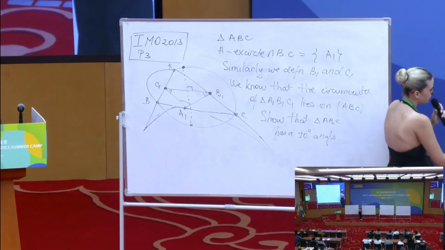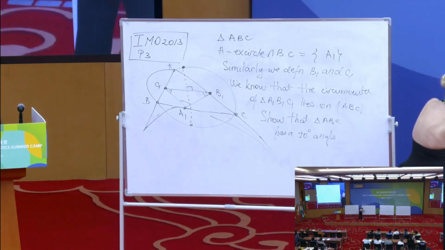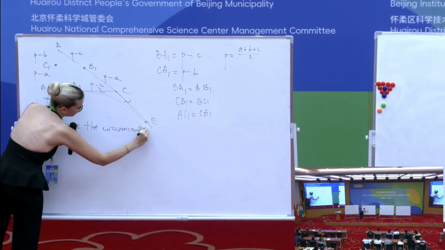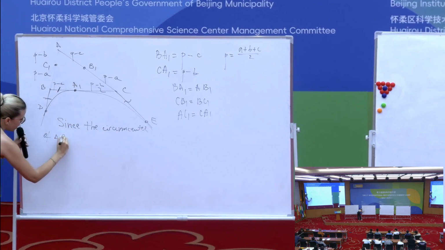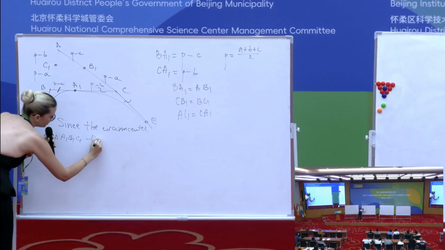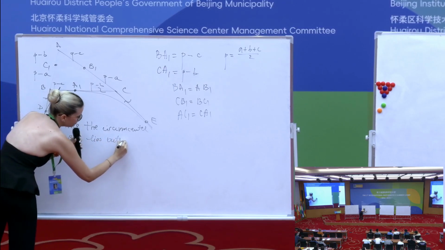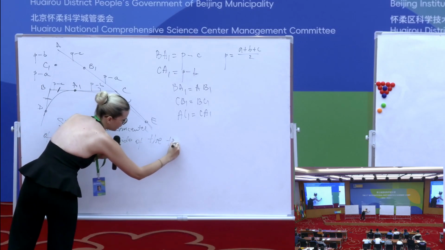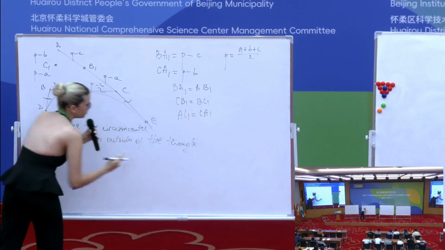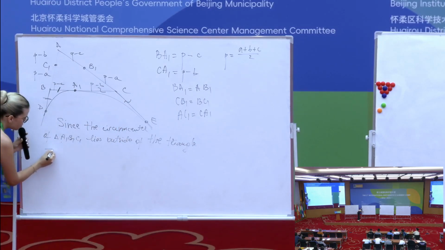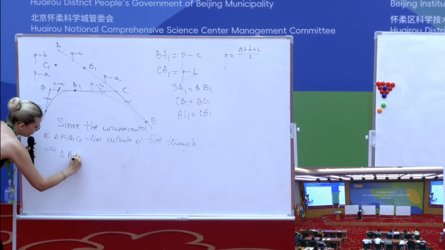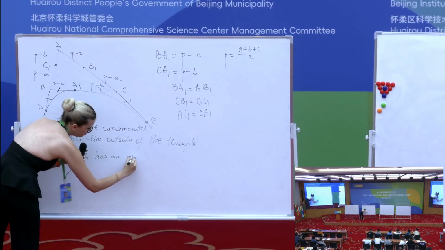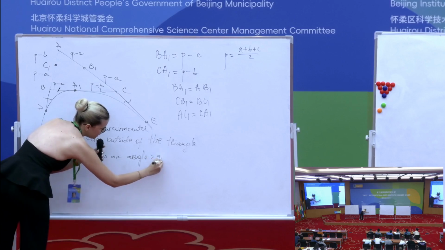So let us write this down. Since the circumcenter of the triangle A1B1C1 lies outside of the triangle, because the circle is outside of the triangle and the circumcenter has to lie on the circle, it follows that the triangle A1B1C1 has an angle which is strictly greater than 90 degrees.